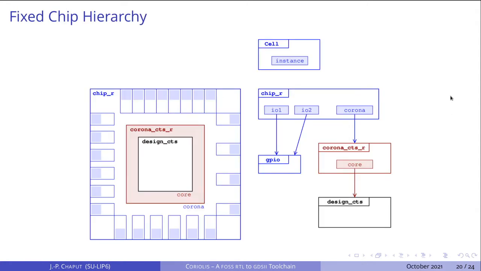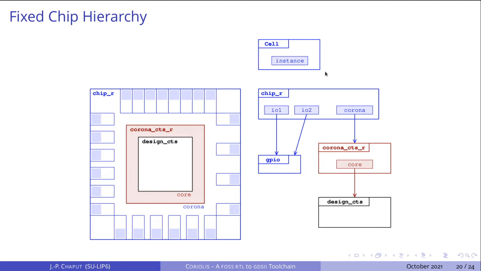As we automatically create the top-level hierarchy of the chip from the core, this hierarchy is fixed. So here is a small schematic of the hierarchy. First, the legend. The enclosing box is the cell, which is the model, and inside that model you have instances that themselves refer to other cells.